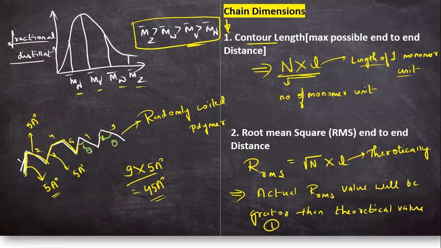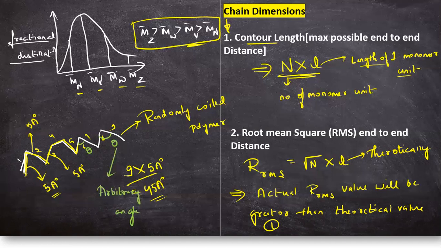I think you noted down. Let me explain, guys. The reason for the greater value of the actual root mean square distance is that there is an angle between the two bonds, let me call it an arbitrary angle, and this angle is fixed between the two bonds.